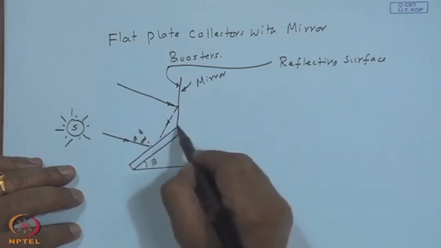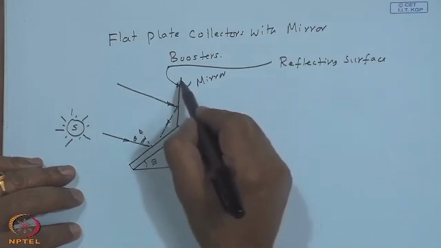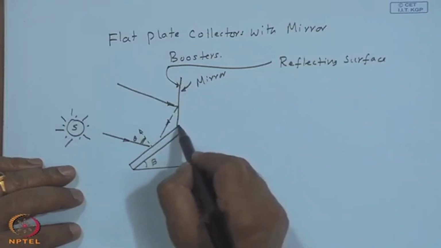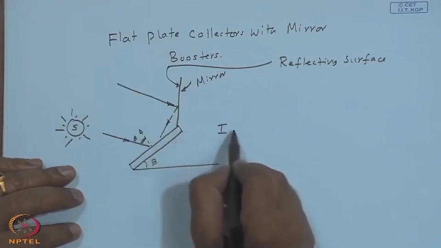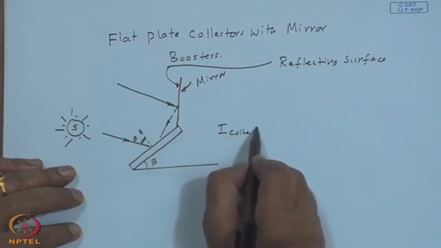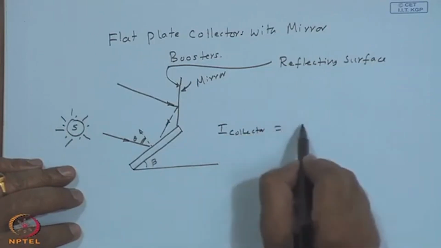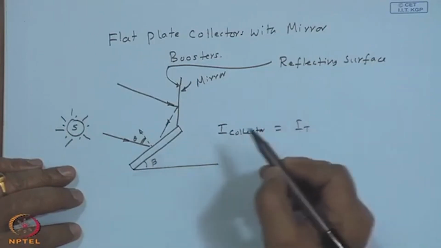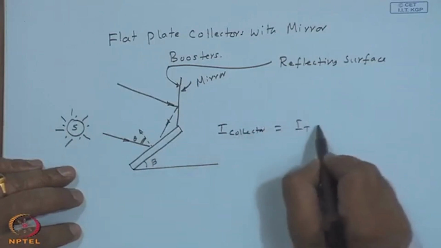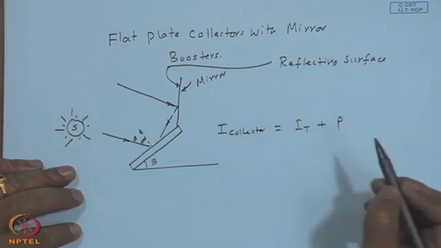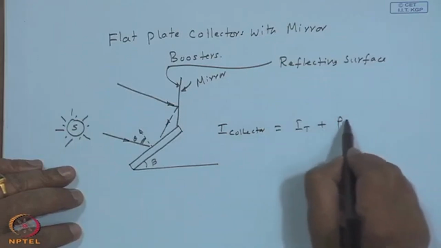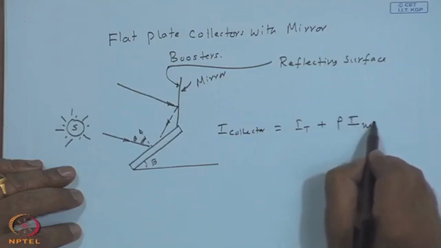So, if you attach a mirror, the radiation received by the collector will be equal to I t, that we have estimated a number of times, plus rho of the mirror into whatever is falling on the mirror.